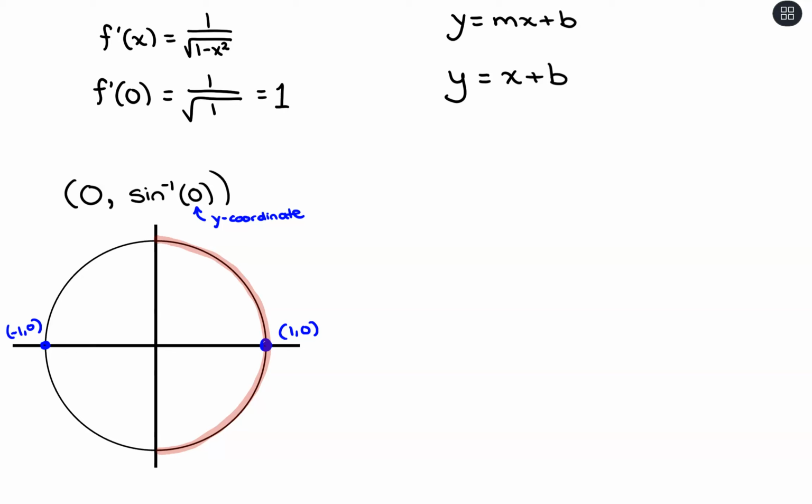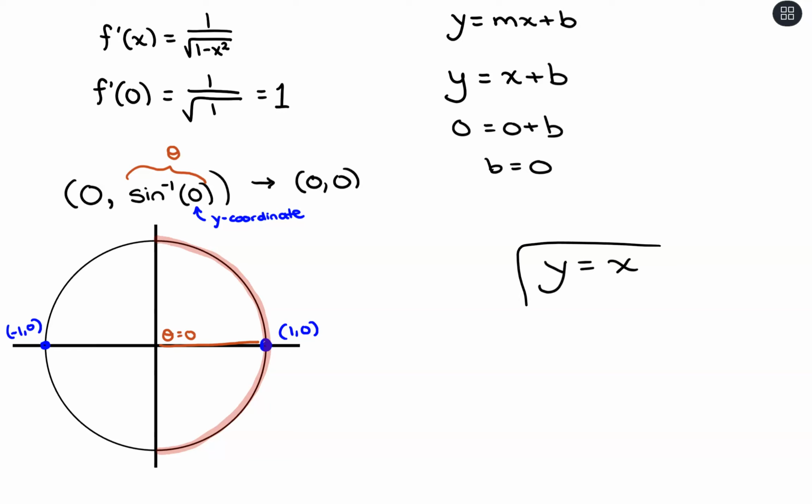And what we're interested in for the output, so as we're evaluating this inverse sine of 0, we want to know what the angle measurement is. It's the angle that's the output. So here we have an angle measurement of 0 degrees, 0 radians. So our coordinate is just 0, 0. So plugging in 0, 0, that's going to give us b equals 0. So our equation of the line is just y equals x.